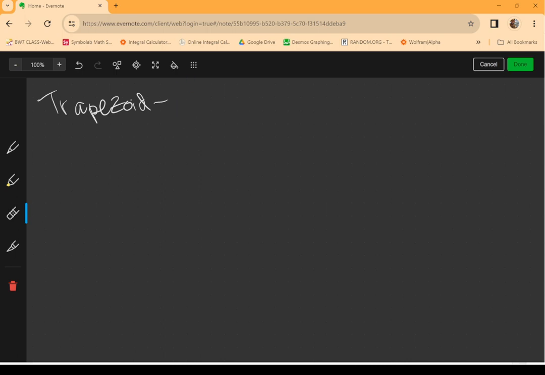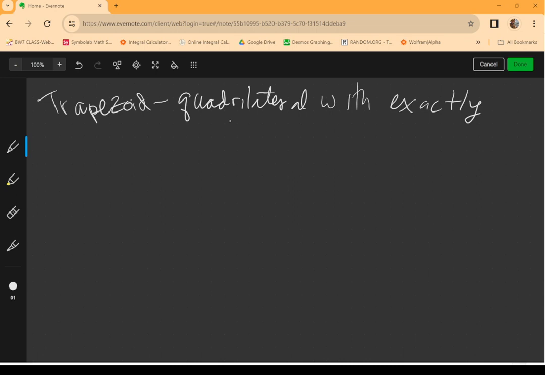So a quadrilateral with exactly 2 parallel sides. Alright, so it looks something like this.